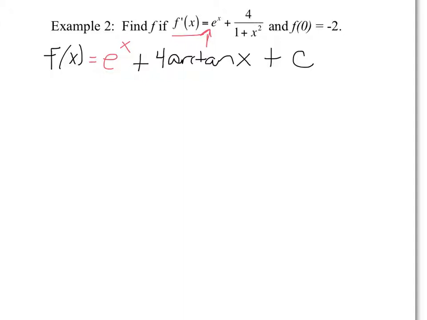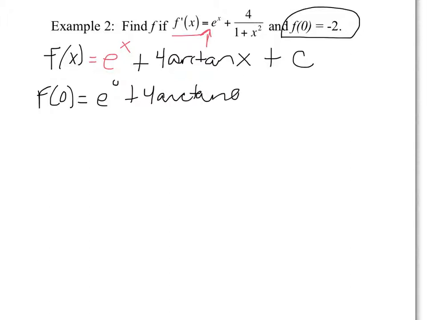We would be done if we didn't know any more information, but we have been given that f of 0 equals negative 2. So we can plug in 0 for the x's: e to the 0 plus 4 arc tangent of 0 plus c, and that should equal negative 2.